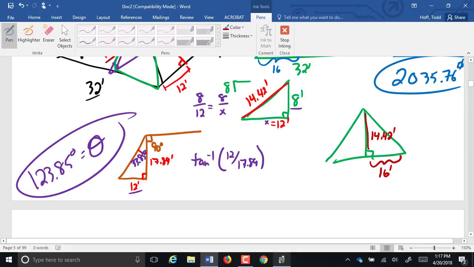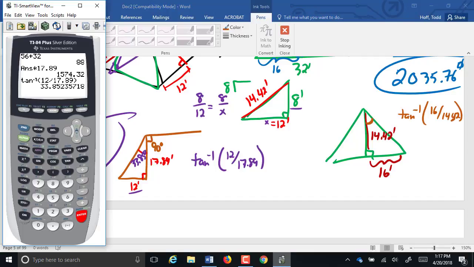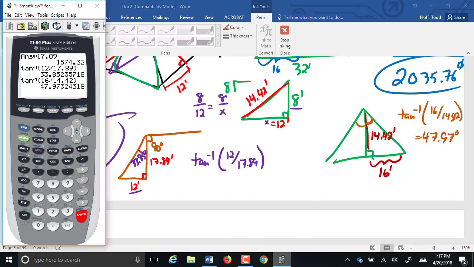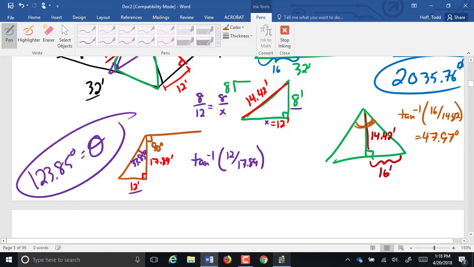So we can find this angle right here is the inverse tangent of, which one goes on top? 16 over 14.42, perfect. Inverse tangent, 16 divided by 14.42. 47.97. How do I get the angle from there? Double it, right? So the whole angle is 95.95. That equals angle alpha.